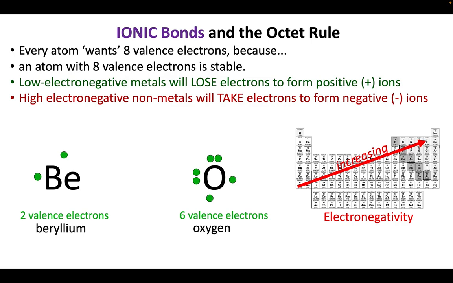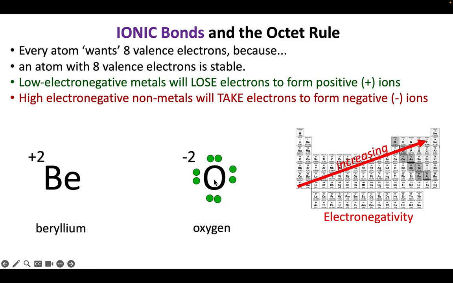So remember, for covalent, it's sharing. For ionic, those electrons are taken. They're stolen. This is the not nice type of bonding. And when oxygen takes 2 electrons, it becomes -2. It becomes a negative little magnet. And it gets its full outer shell of 8.